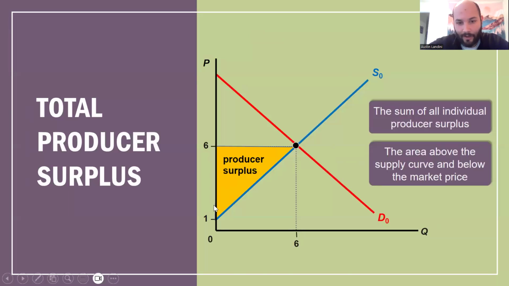So with this example here, we're multiplying, so it doesn't matter what you call the base or the height. Let's call this the base across this way. So we would have 1/2, 0 to 6. So that's 6, 1/2 times 6 times our height, which would be from 1 to 6. So our height is 5, right? The area of this triangle is 1/2 times 6 times 5. So 1/2 times 30 would be 15.